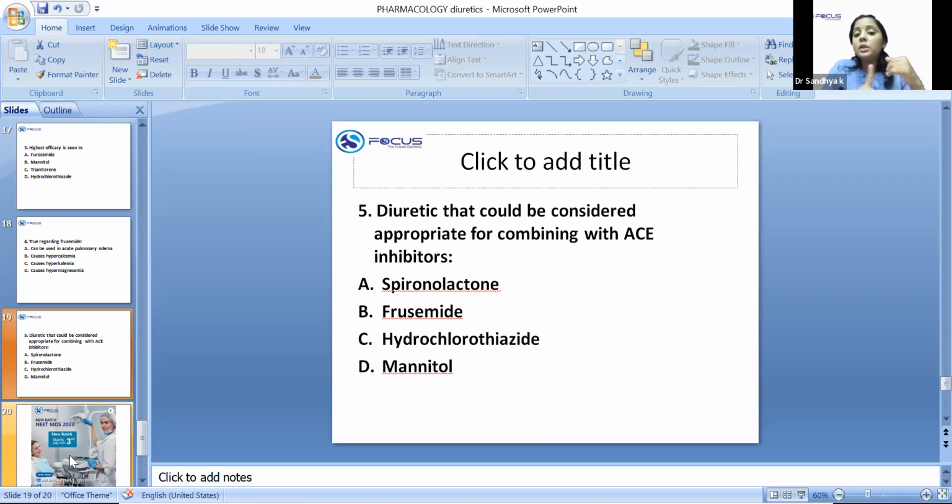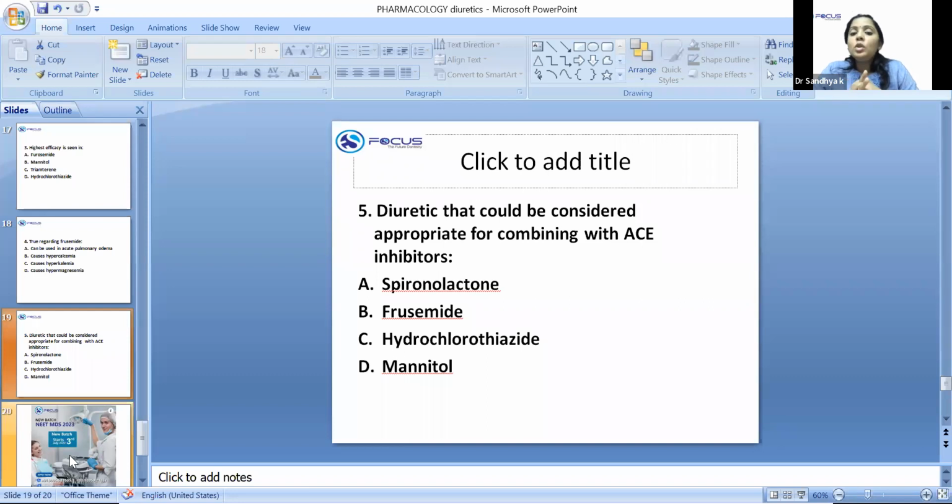Because if Frucide is given, the patient will have to take it every 3 to 6 hours for a long time in his life. That's not possible. So we are giving a drug which has a longer duration of action.